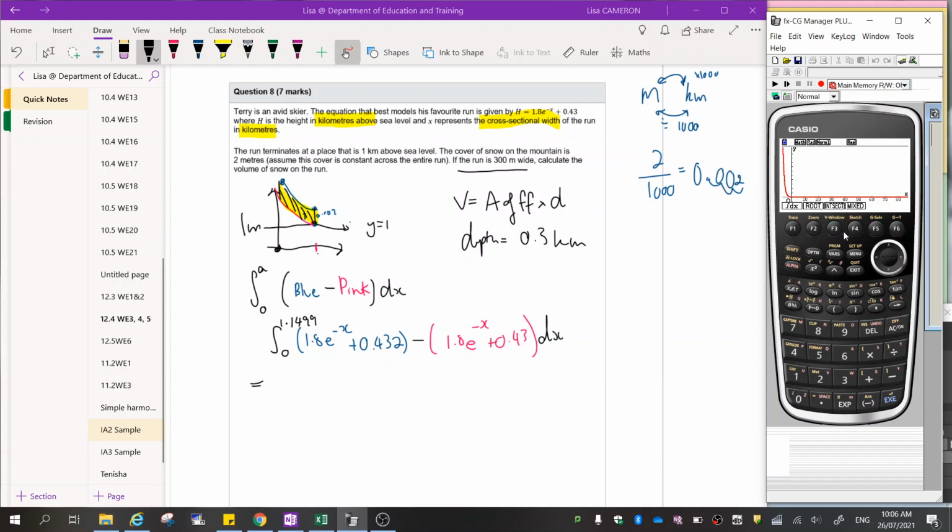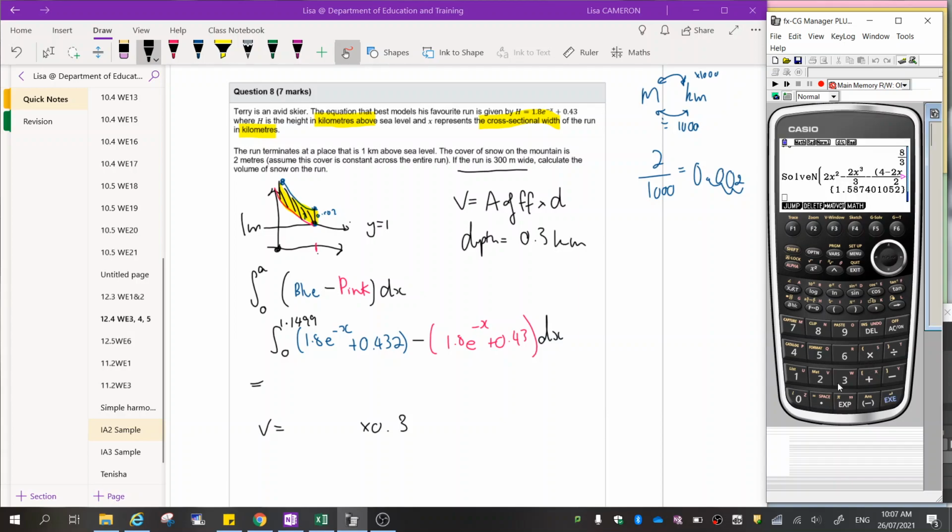I'm going to integrate. Look, if I chuck this whole thing in the calculator, it's going to give me an answer, and then to find the volume, I'm going to do that answer multiplied by 0.3. Yeah, look, it's not giving me what I want. Okay, I'll play with that later.